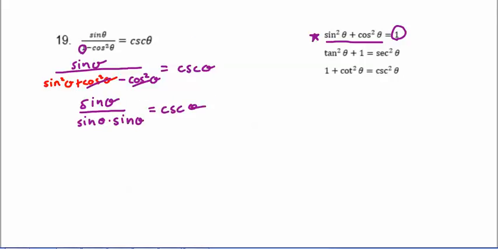So then it's easier to see that you can cancel out one sine theta here and one sine theta here, which is going to leave you with 1 over sine theta. Okay, and then this is going to be one of your reciprocal identities, that cosecant is equal to 1 over sine theta. But your final step is cosecant theta equals cosecant theta.